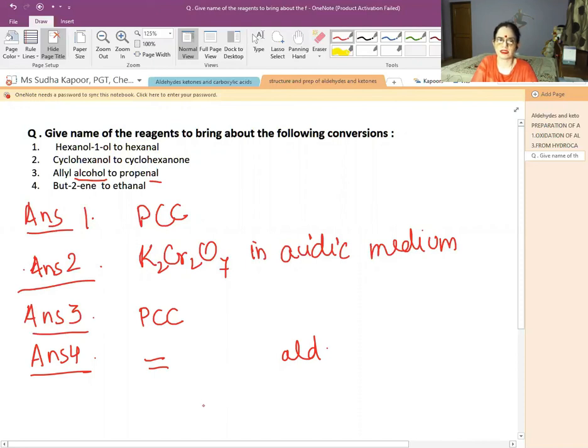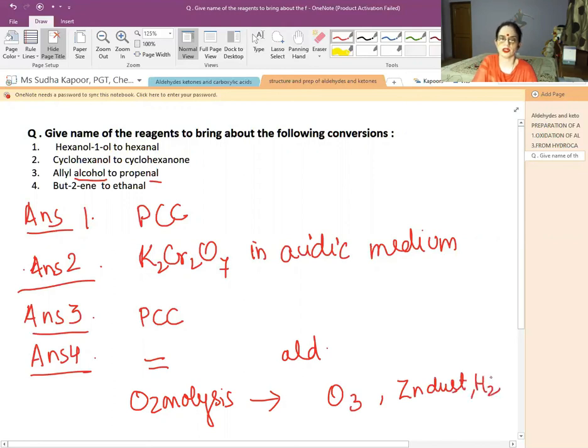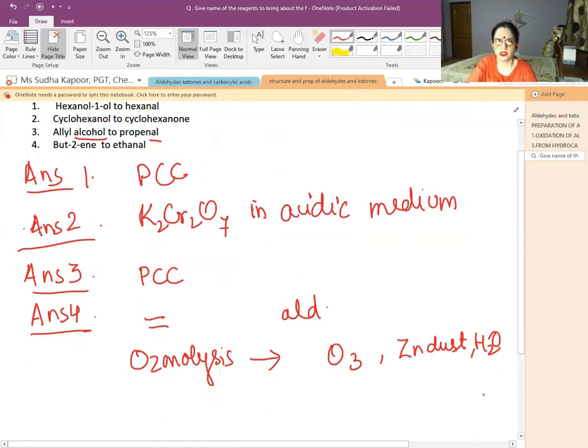So if we take the example of butene to ethanal, it is very much known to us that it is going to be followed by using the ozonolysis method. But in this part, we have to give the name of the reagents. So the reagents are ozone followed with zinc dust and water. These are all required in order to convert alkene into aldehyde.